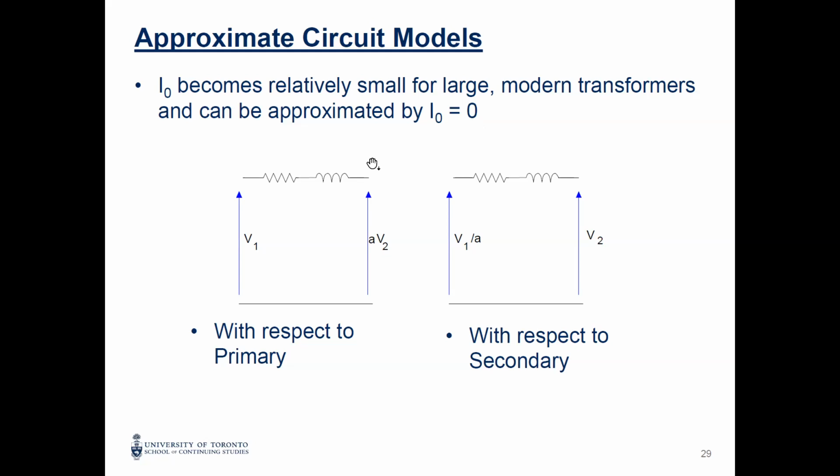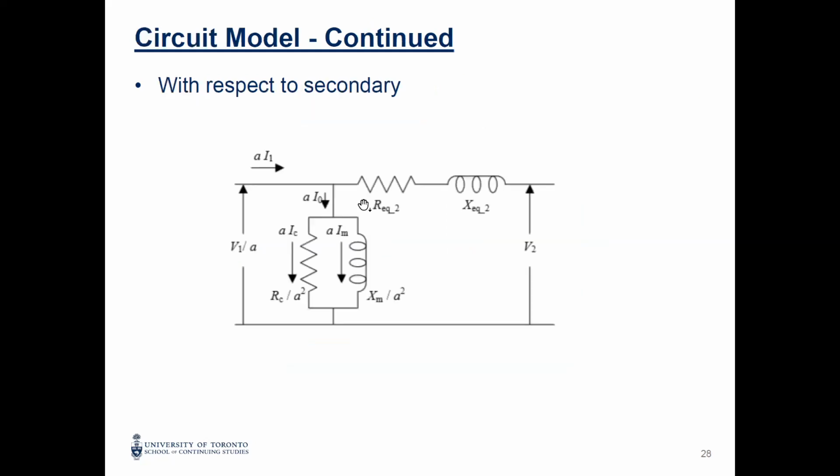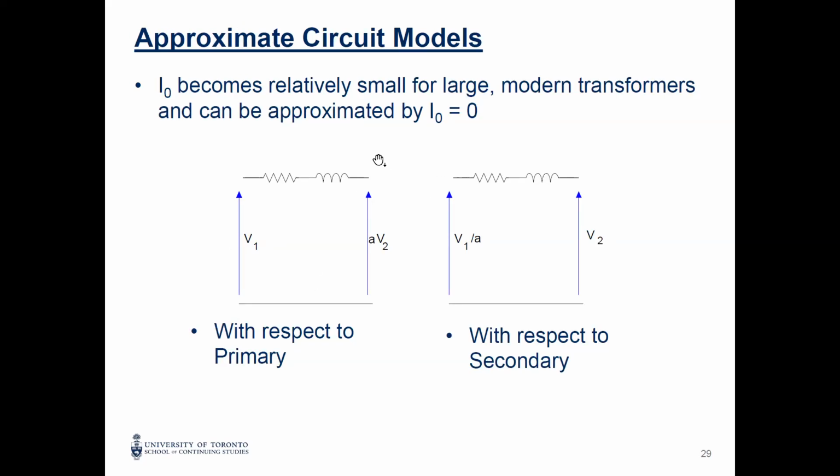So we can ignore this branch completely, and the transformer equivalent circuit is just R and X. And sometimes we do more approximation. We put it just X, the leakage. That's it. We are not going to use this. This is just for your information.